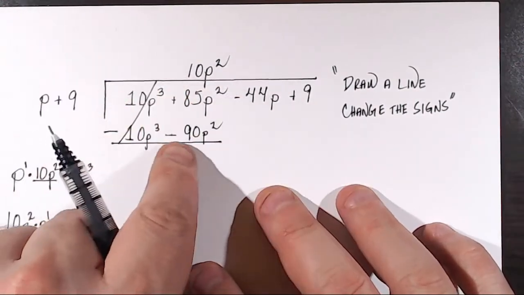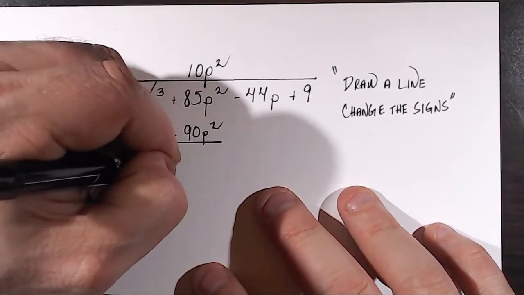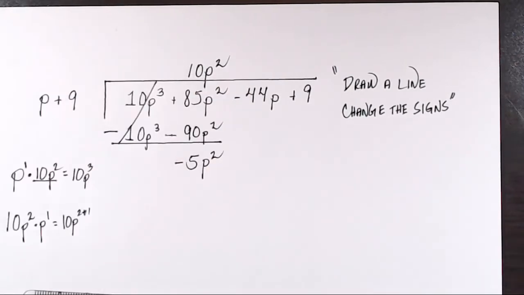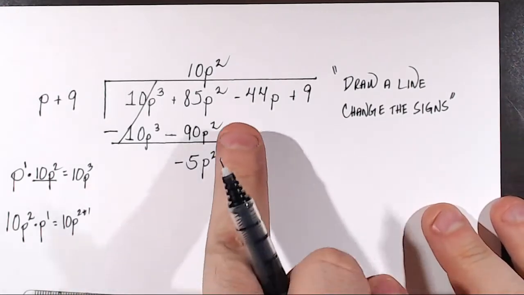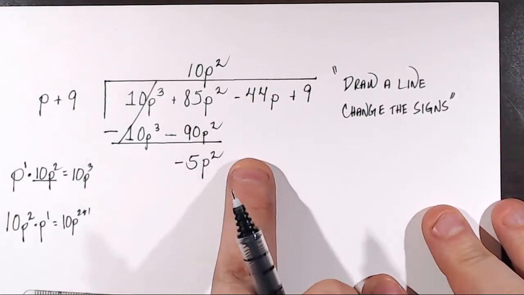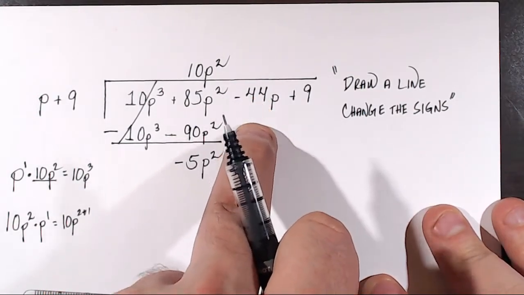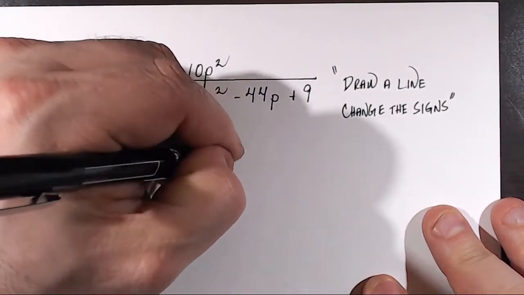The negative number is bigger, so I come up with negative 5p squared. Now, mathematical intuition should be begging you to bring down the next term, because that's what you've been doing in long division. So just bring it down: negative 44p, put it right here.